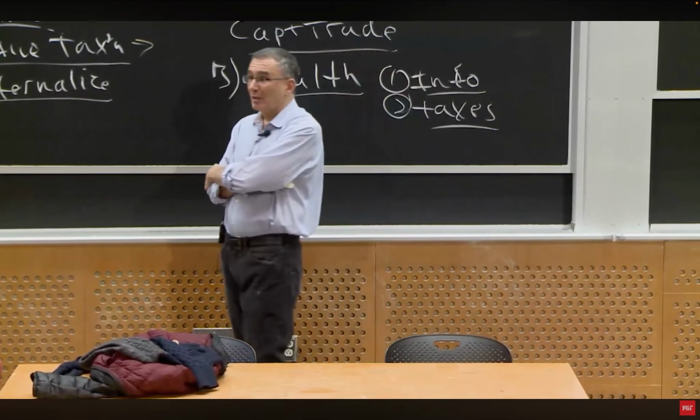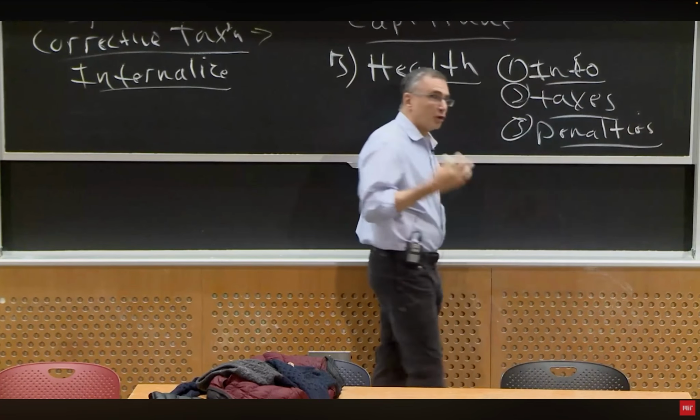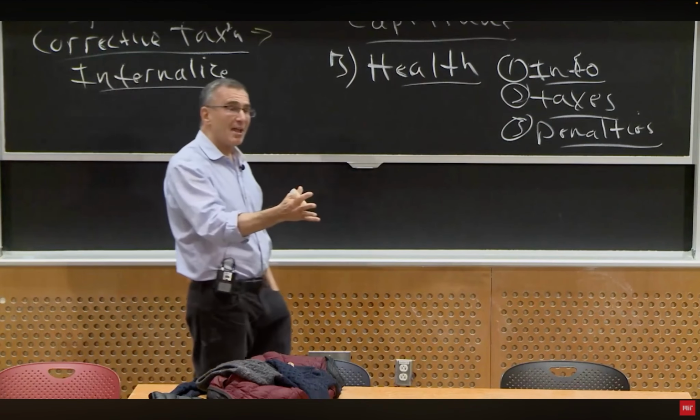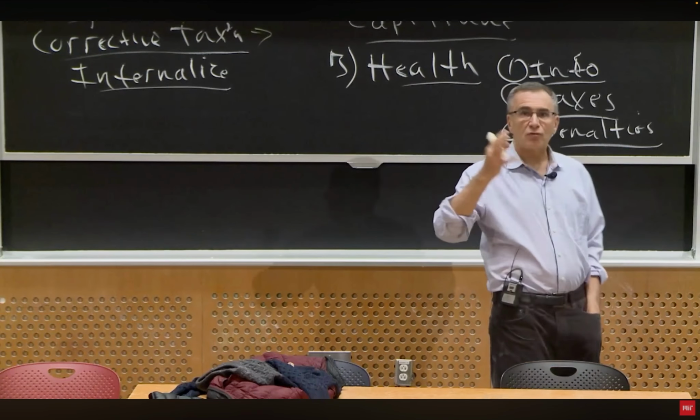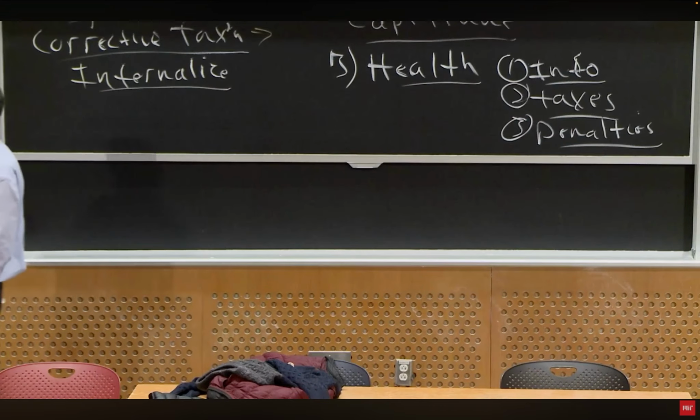A third solution we can do is penalties. For example, losing your license if you drive drunk. That's great because that targets the people who are causing the externality. If you guys drink a little and you're fine, you're not causing the externality. So this targets the person causing the externality.